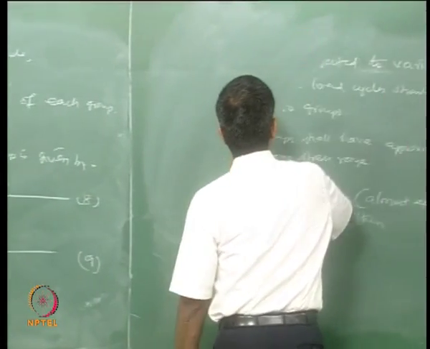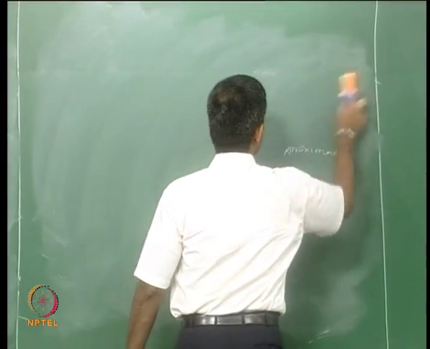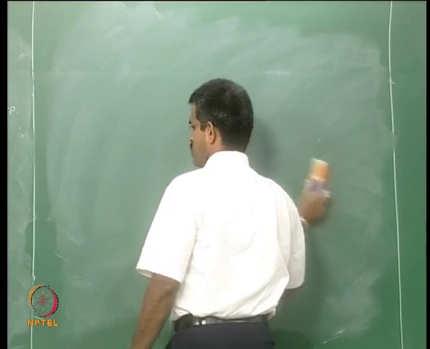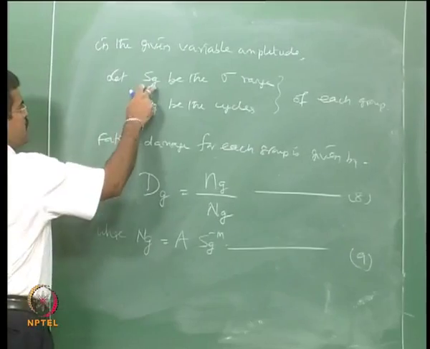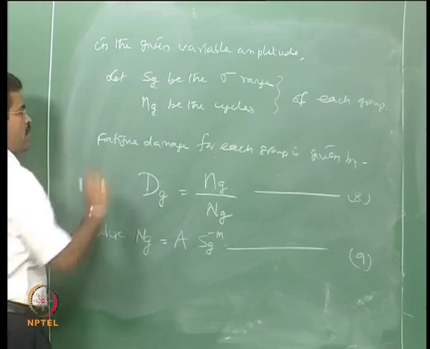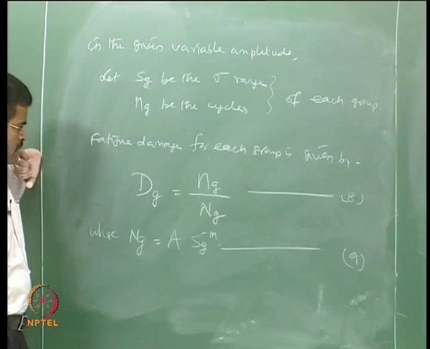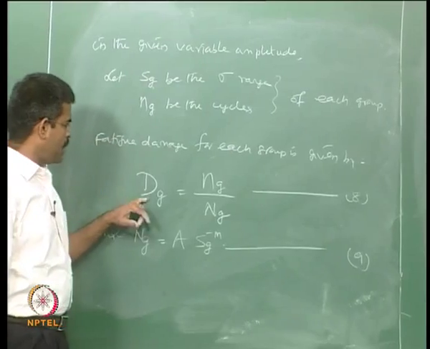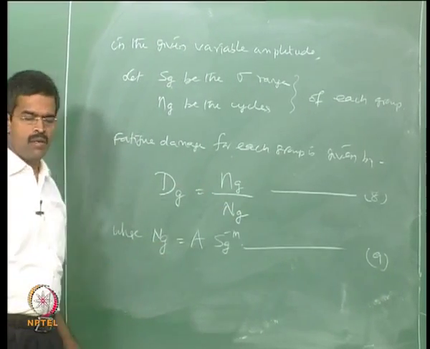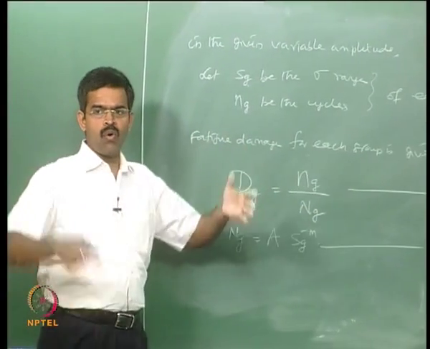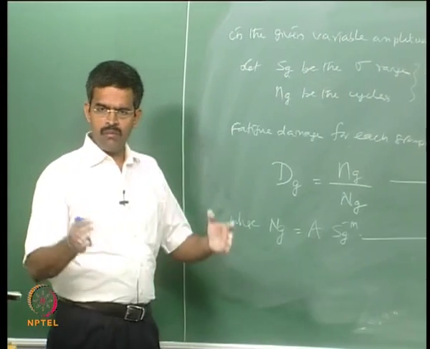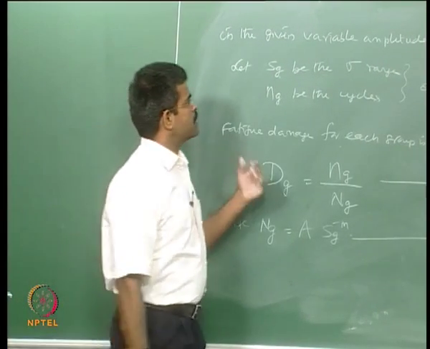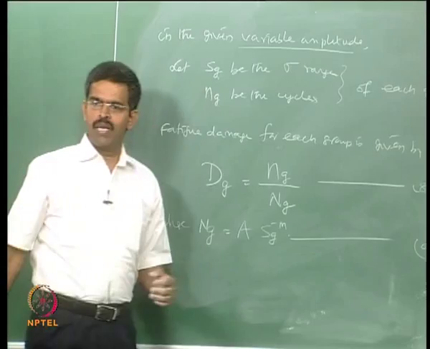So, you have got G such groups, each group you know the stress range Sg and the number of cycles for that stress range ng. So, for each group the fatigue damage is simply this number, but I want to find the fatigue damage of the whole structure or the member subjected to variable amplitude.